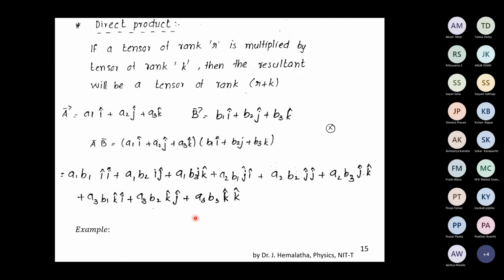So after taking a direct product, you get a tensor whose order is the order of the first tensor added with the order of the second tensor, right? This is an example I have given, but if you do it for higher order tensors also, it will be the sum of the orders of the tensors you used.